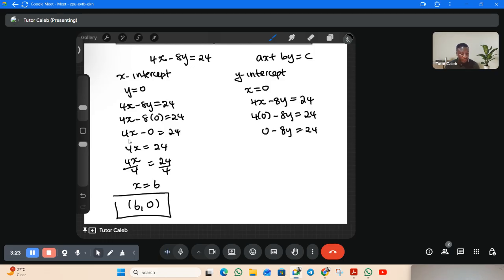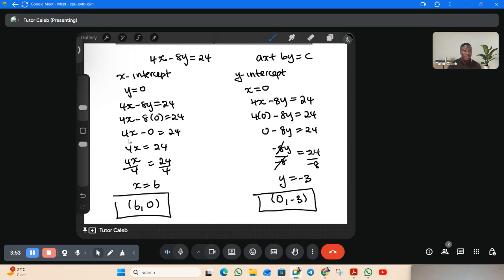From this point, we can divide both sides by negative 8. We'll have negative 8y divided by negative 8 equals 24 divided by negative 8, and this will cancel with this. We'll be left with y equals 24 divided by negative 8, which gives you negative 3. This gives you the y-intercept at 0, negative 3.